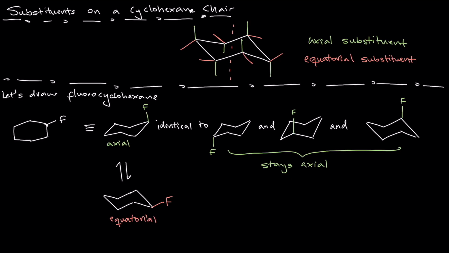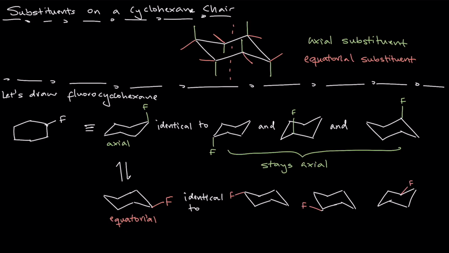So if you do any type of cyclohexane ring flip, your axial substituents will always go equatorial and vice versa. Once again, convince yourself that the three other molecules I've just drawn to the right of the equatorial fluorocyclohexane are exactly the same conformer. That's because that fluorine has stayed equatorial in every single one of these structures that you've drawn.